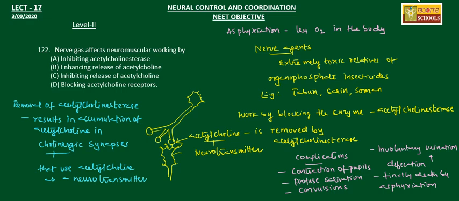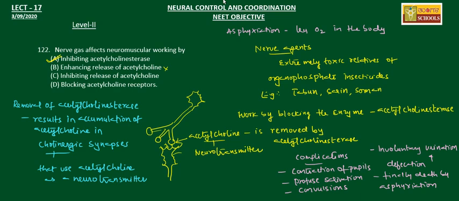Now, the nerve gas affects neuromuscular working by. Here I told you that the nerve gas will block the enzyme acetylcholinesterase. So the right option is A, inhibiting acetylcholinesterase. Enhancing release of acetylcholine, no, nowhere have I mentioned enhancing.